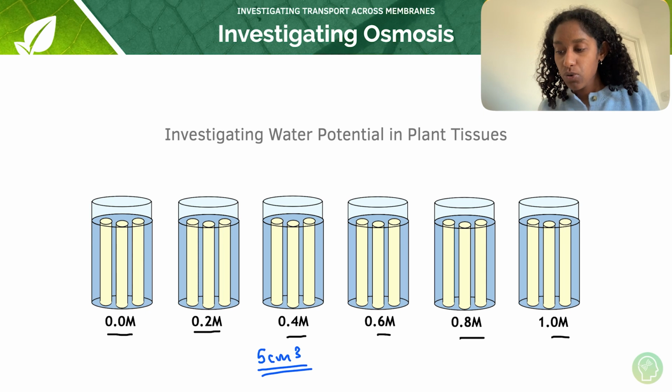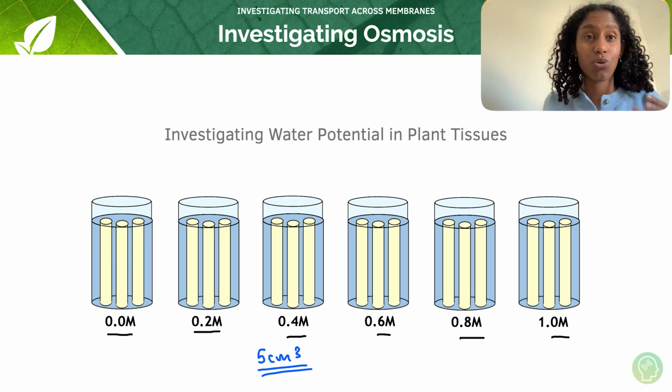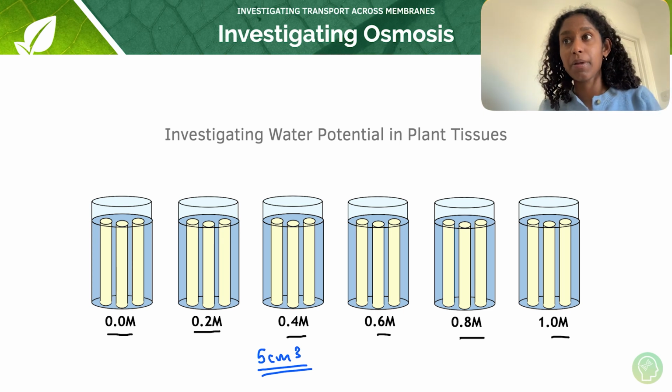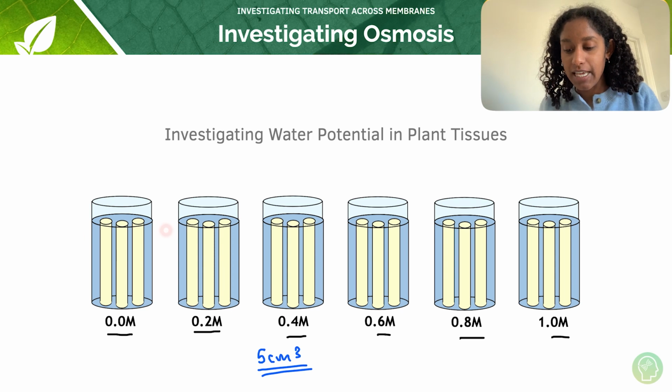Okay, so we've used our cork borer. We're going to cut out 18 pieces of potato chips, and we're going to dry each of these potato chips as much as possible, again to try and control as many variables as possible and make sure there is a standard water content across each potato chip. So we're going to dry our potato chips gently with a paper towel, and we're going to divide them into groups of 3, as you can see here.